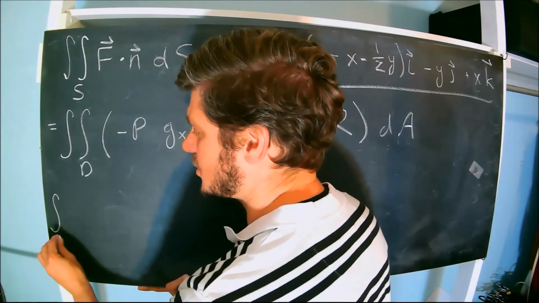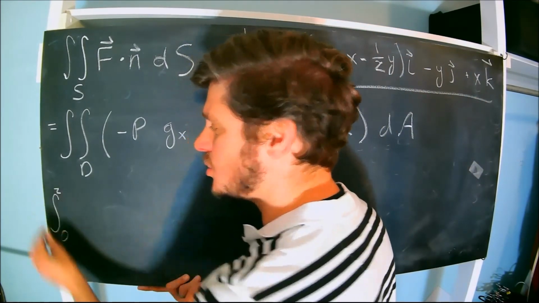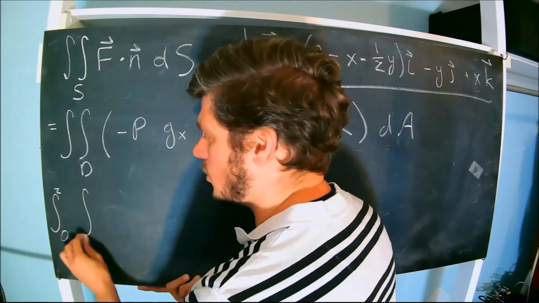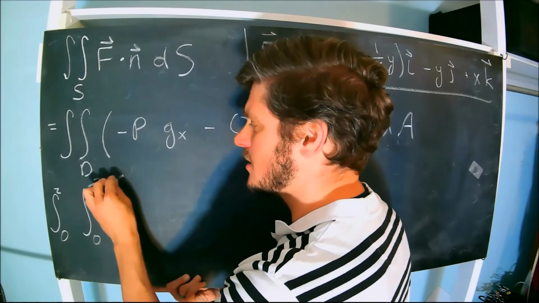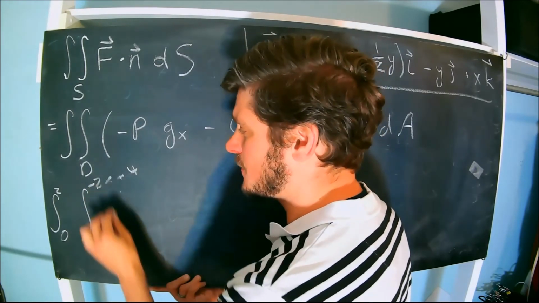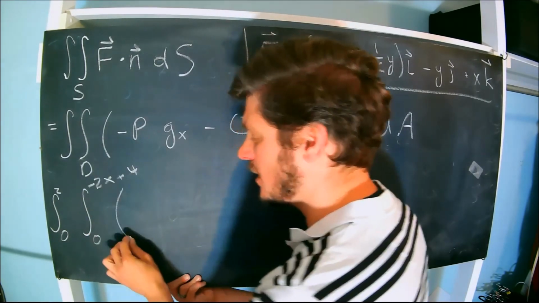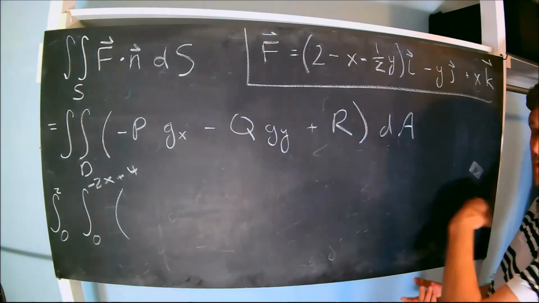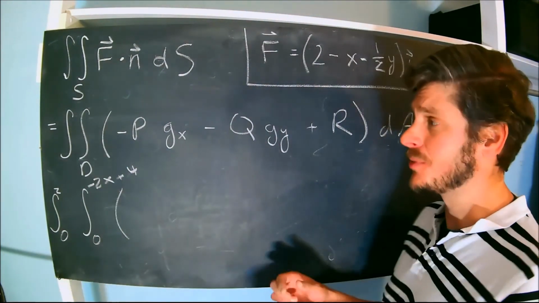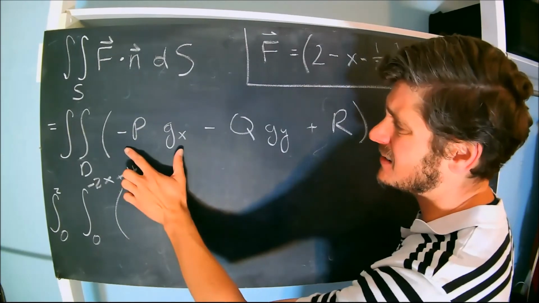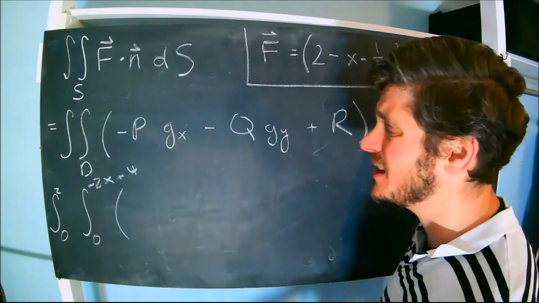Integrating, we know we're integrating from 0 to 2 for x. Y is being integrated from 0 to minus 2x plus 4. Which means, over here at the end, we'll do dy first, and then the outside one will be dx. And now we just plug everything in.